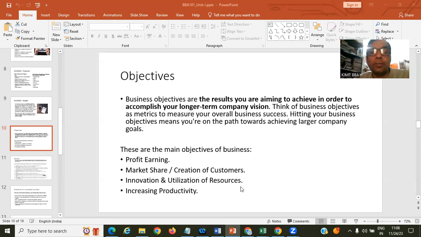Innovation, utilization of resources, these things we discussed. How you innovate and utilize your resources. For example, we discussed three things like process and efficiency and effectiveness.